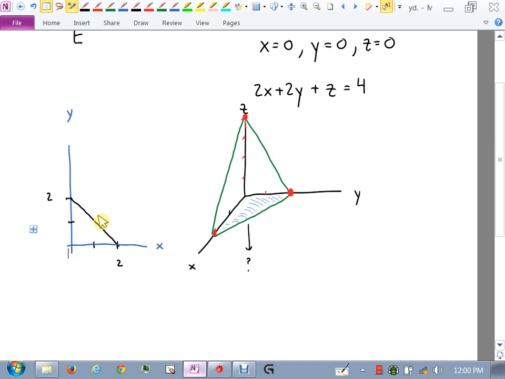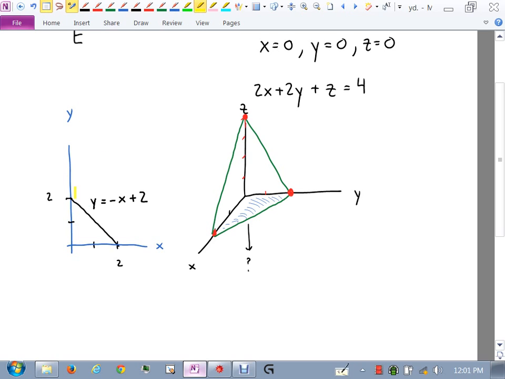Y equals... All you're doing is taking this equation and replacing Z with 0, right? Z is 0 means you're on the ground. Replace that with 0, solve it, and you get Y is negative x plus 2? Is that what I heard? I thought I heard that. Y is negative x plus 2. Any questions on how I got this?